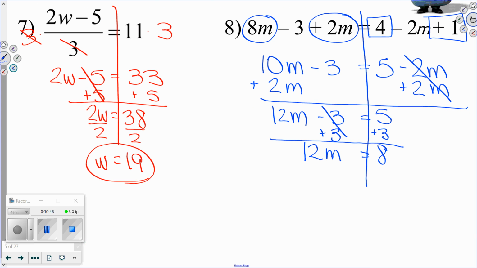And then divide by 12. 8 over 12, I agree, will not divide nice and pretty, right? The bottom number's heavier, but that can simplify. I can divide both of these by 4, or I can type it in my calculator, 8 fraction 12, and it will simplify that for me to 2/3.